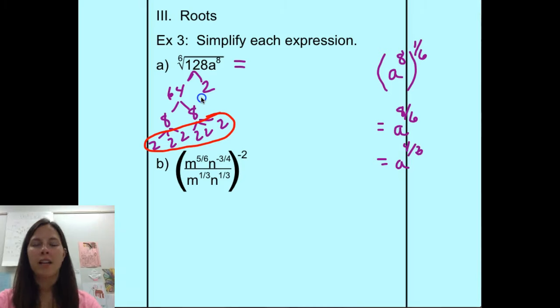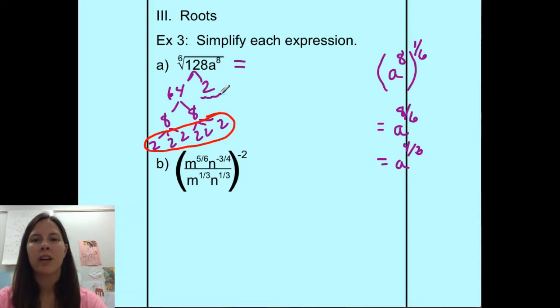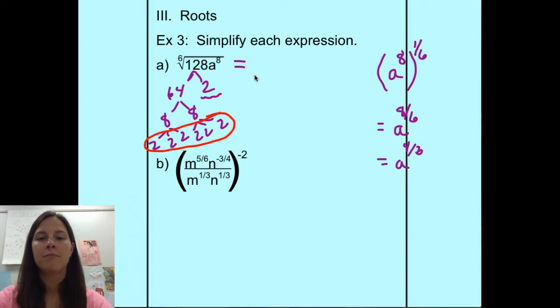At this point, what I recognize is that if we pull that a out completely with a fractional exponent, we would still have this 2 left over under the radical. So we would be mixing a radical with a rational exponent. Those answers just don't look real clean. So what I'm going to do is rewrite 128 as 2 to the 7th power, and we'll simplify this with just rational exponents.